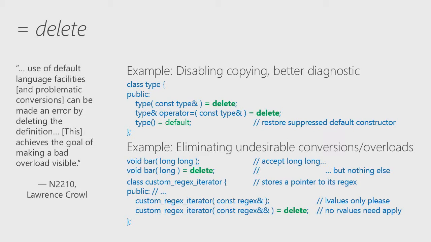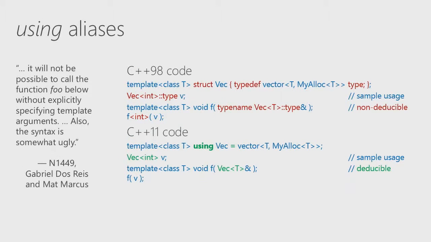But if you pass anything else, an L value, you happily take the first overload, and it just works. This is a nice example of an API that is easy to use correctly and hard to use incorrectly. That should be a design goal of all of our APIs. C++11 gives us the tools to deliver high quality, easy to use, but still screaming fast and efficient and flexible programs. The next feature is using aliases.